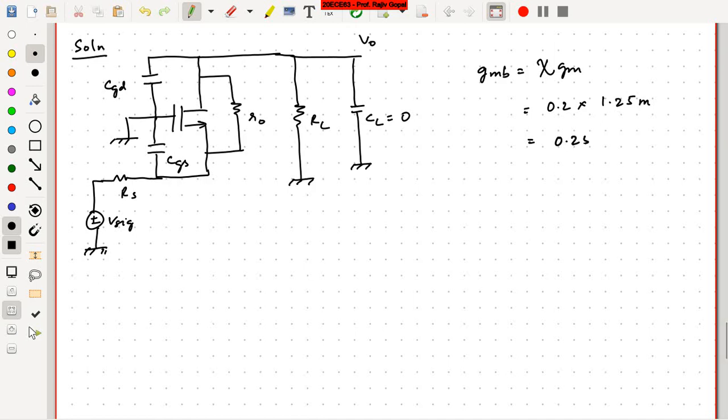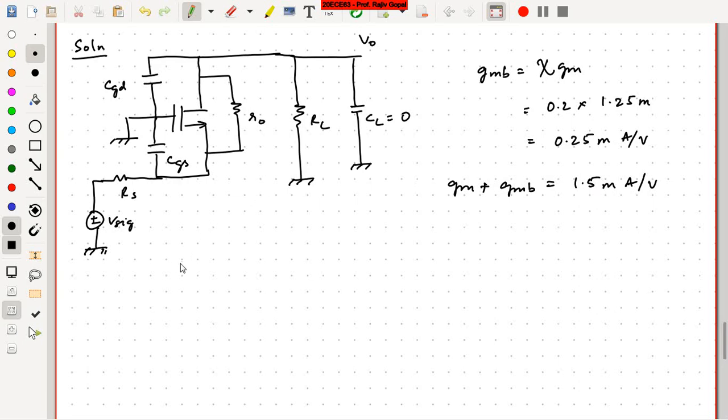So this is 0.25 milliamps per volt, right? Then GM plus GMB. Okay, so this is 1.25 plus 0.25, that is 1.5 milliamps per volt, right?